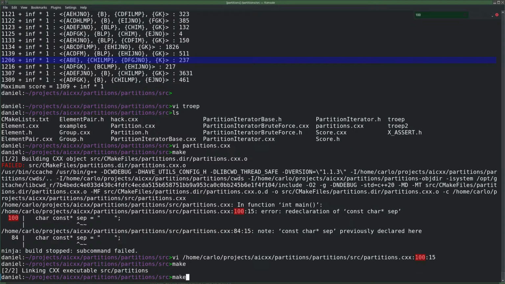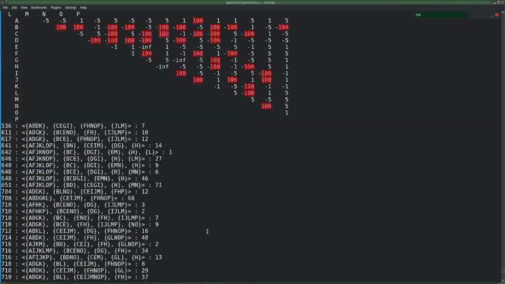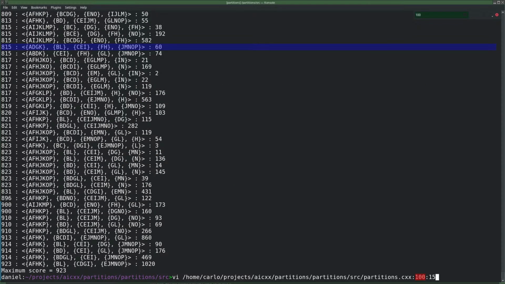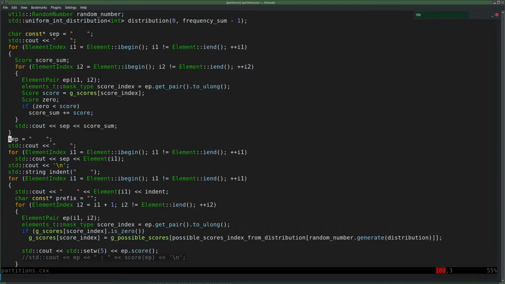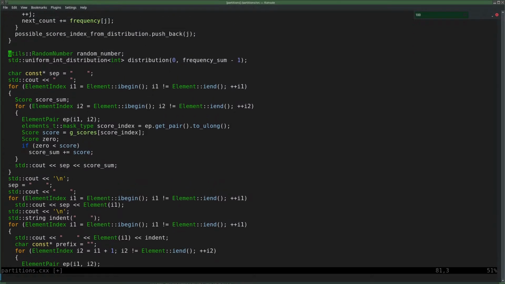Well, it compiles. Let's run it. I don't think that worked. That prints a bunch of zeros. Definitely not what I wanted. And I've got a new line. Okay, why is this printing 0? We print score sum as if we never get here.